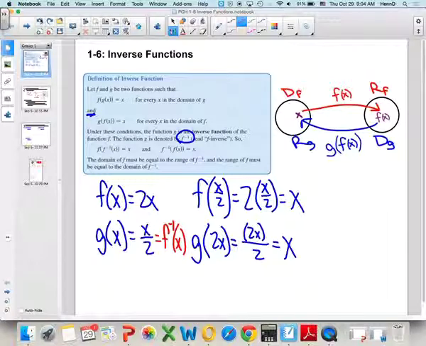See how up here I have written that this is the range of f, but when we're looking at function g, the inverse, it's going to take this value, so it's the domain now of g, and when we evaluate it, we get x. It takes us back where we started.